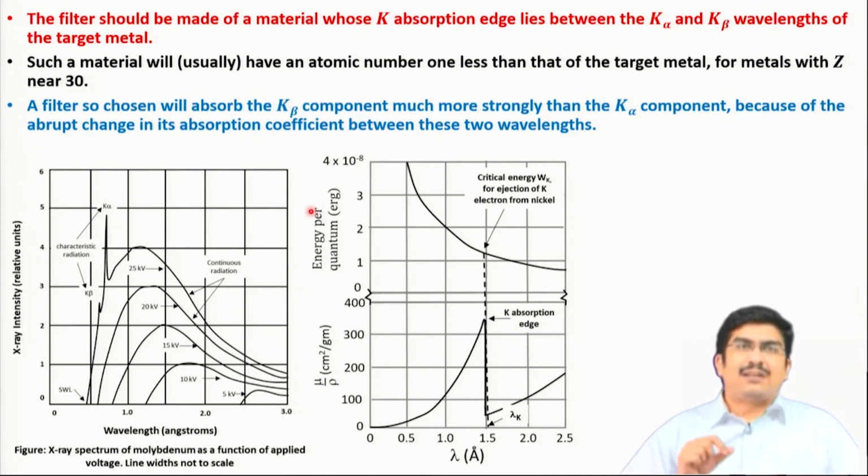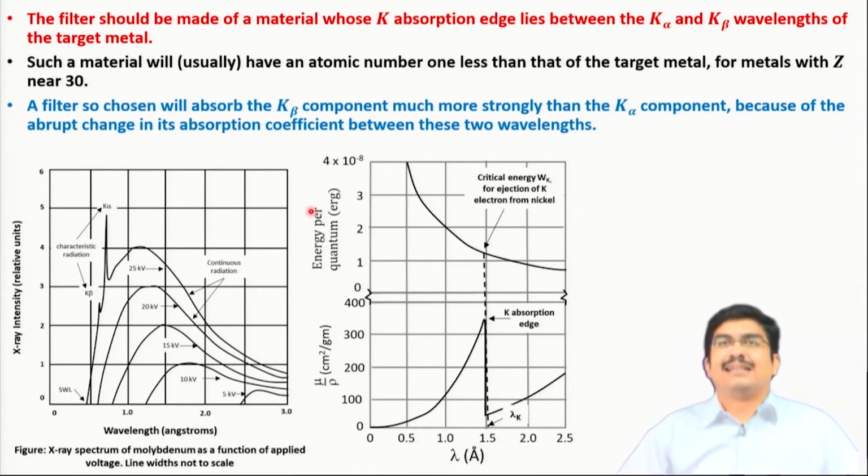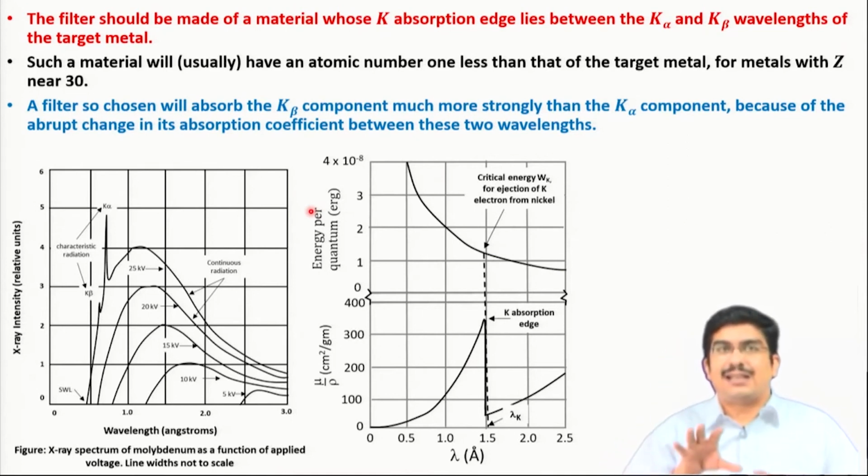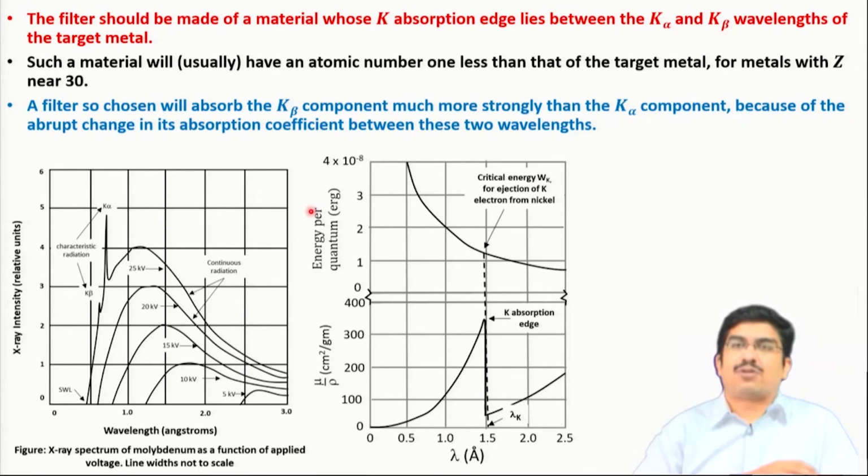The thumb rule is that we use a filter material which has an atomic number one less than that of the target metal. So, for example, if the target metal has an atomic number of 30, we can use copper with 29.